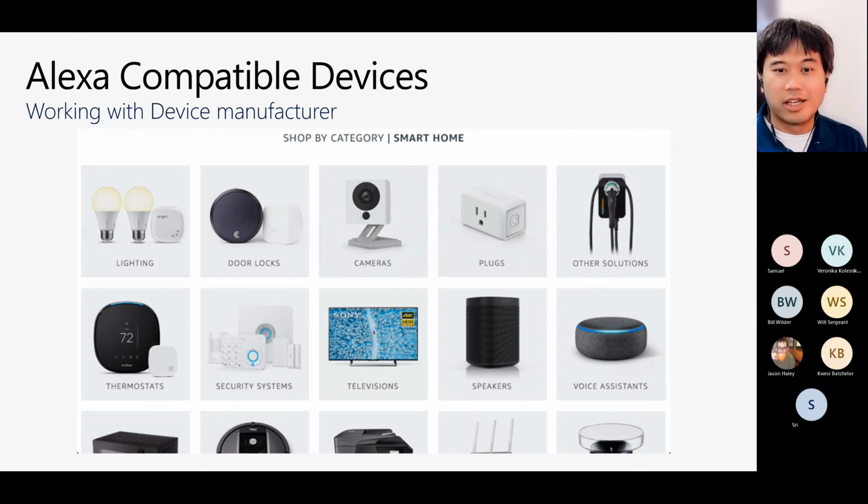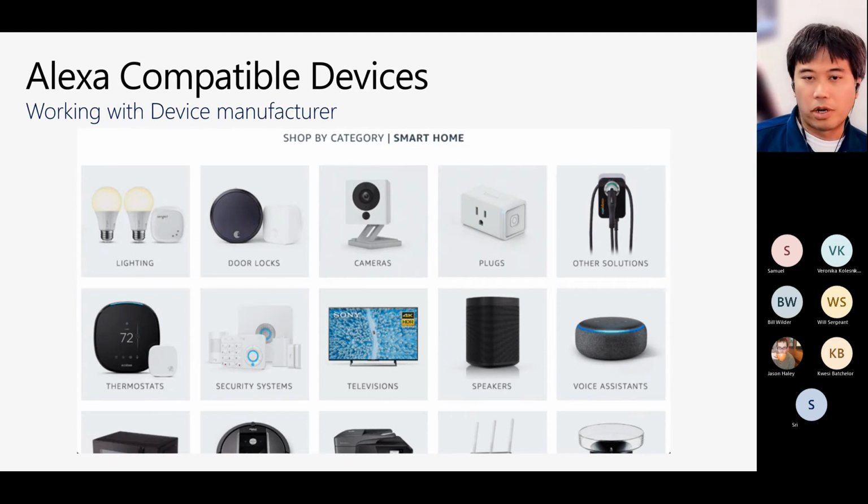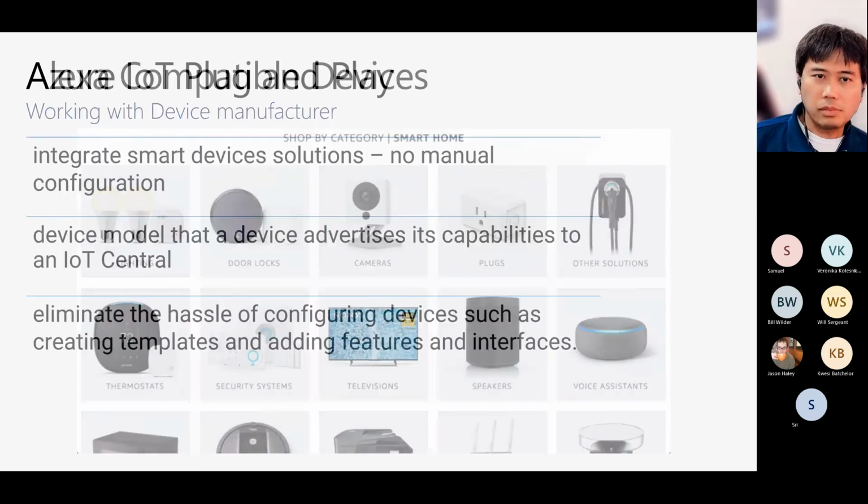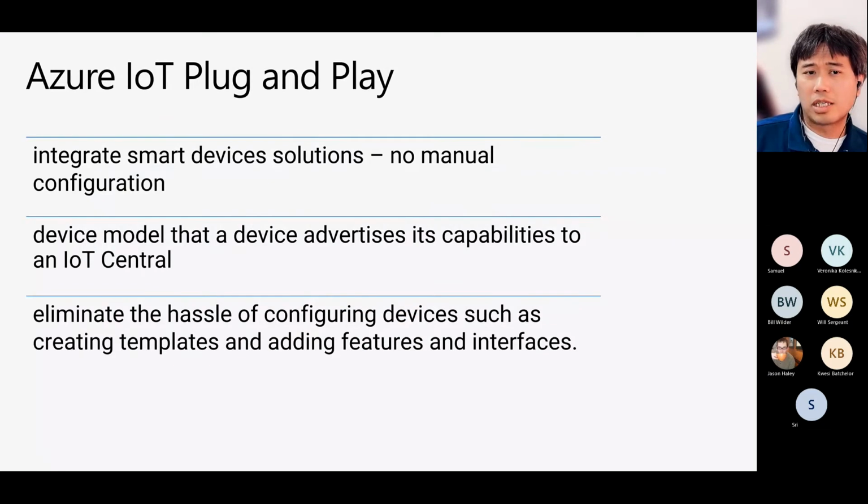I used to do that, being able to control some of these IoT devices, or smart home devices. So Azure has this Azure IoT Plug and Play that integrates smart device solutions.